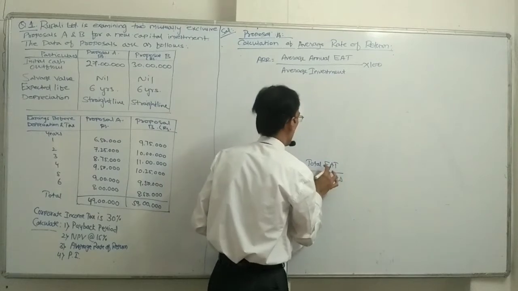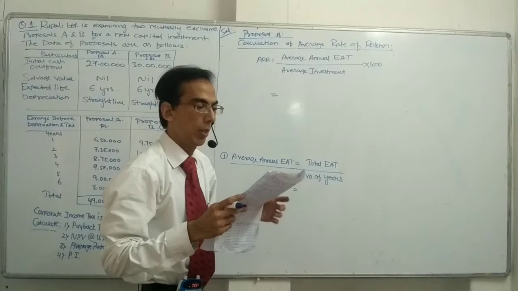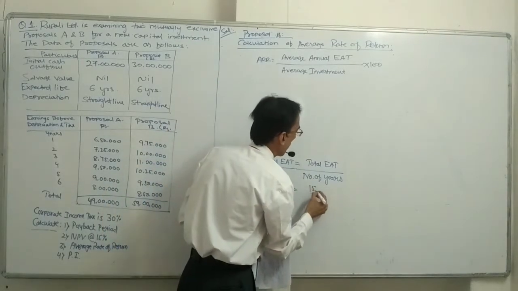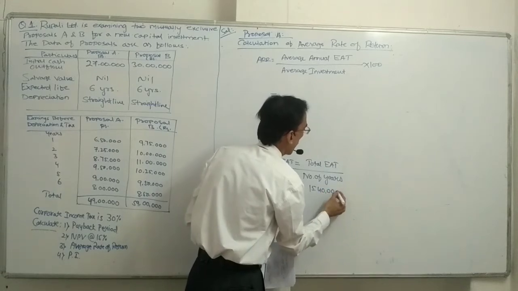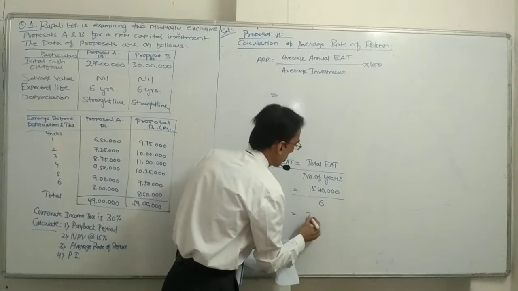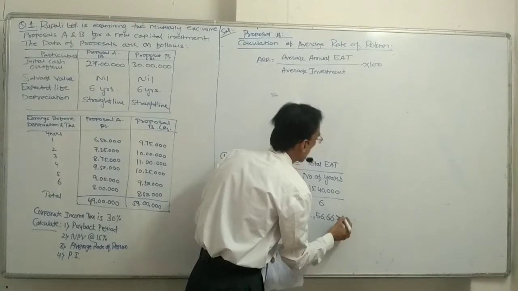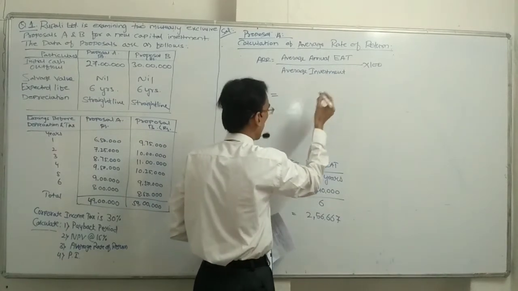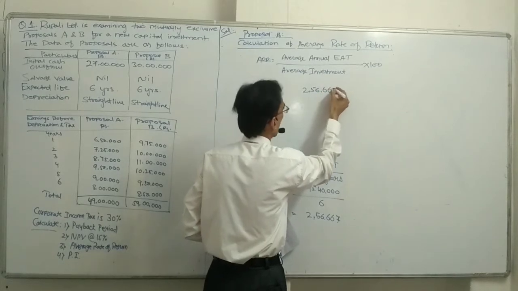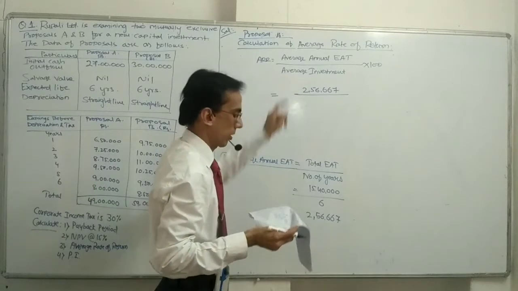This total earning after tax you will get in the first cash inflow statement in the sixth column, and the amount is 15,40,000 divided by number of years 6. It comes to 2,56,667. We need to place it here. 2,56,667 divided by average investment.